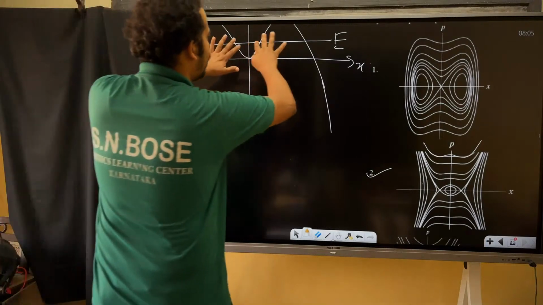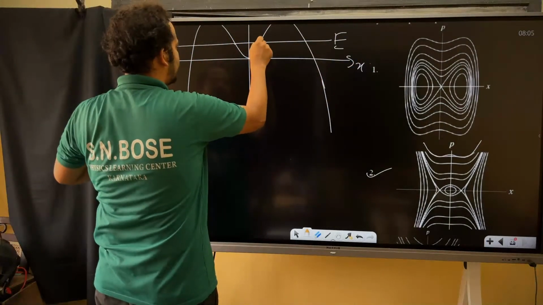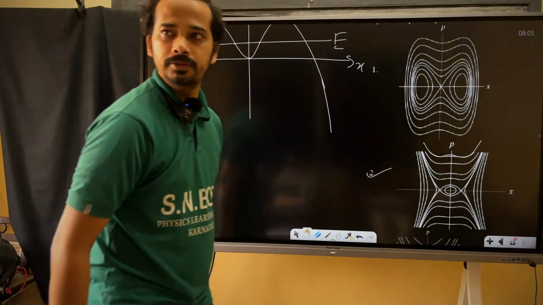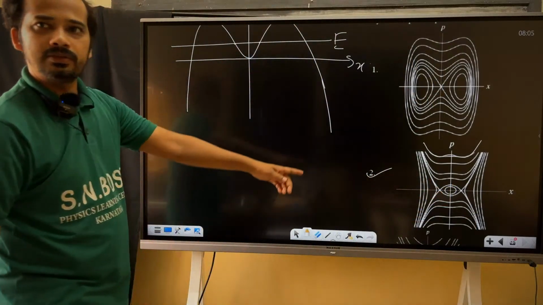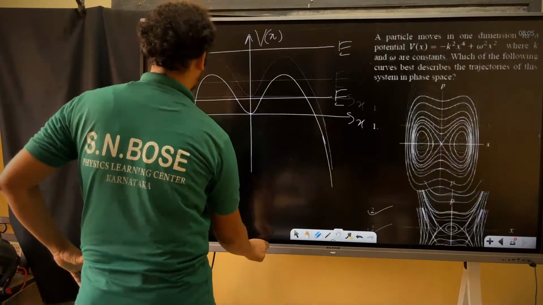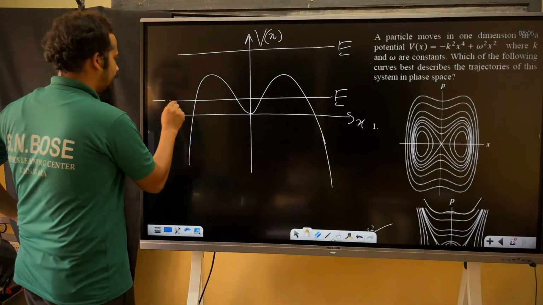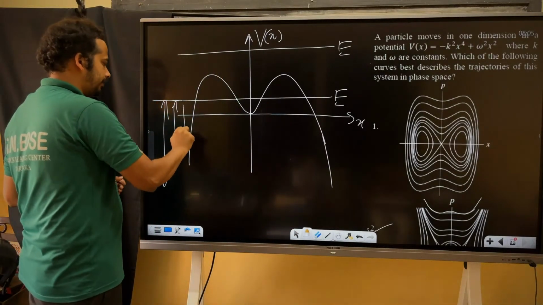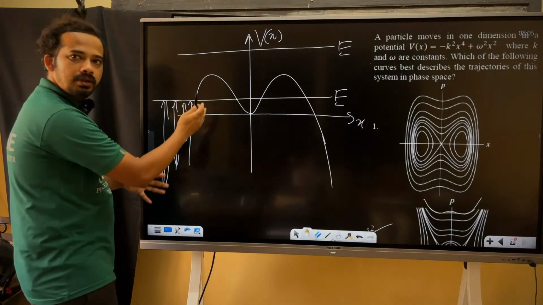Suppose you have this energy, for this energy a bound motion is possible, am I right? A closed curve is possible. Can you see that one? Suppose you take this energy and shoot the particle from infinity: kinetic energy decreasing, again increasing.